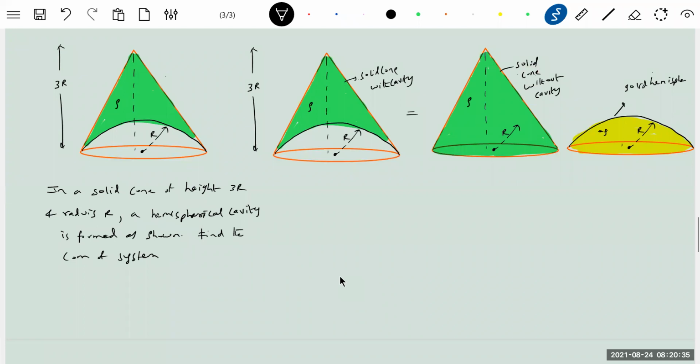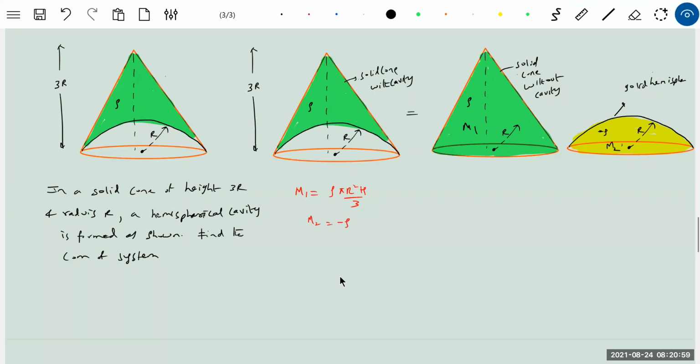So we have to calculate this mass m1 and m2. These things are needed, directly given the density. So how to get the rho? Now first, what is m1? m1 should be equal to the volume of the cone, rho pi r square h by 3. What about m2?